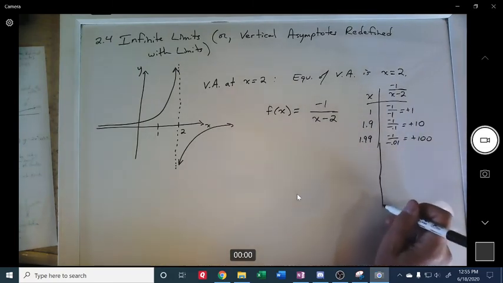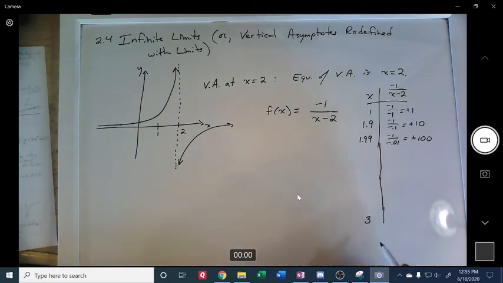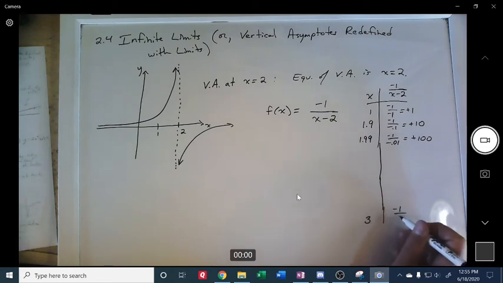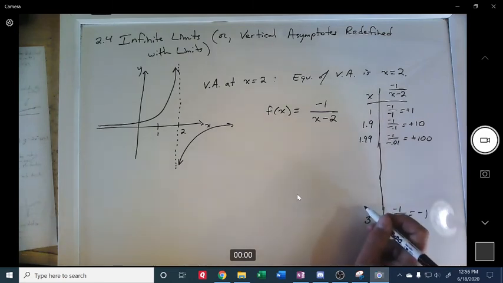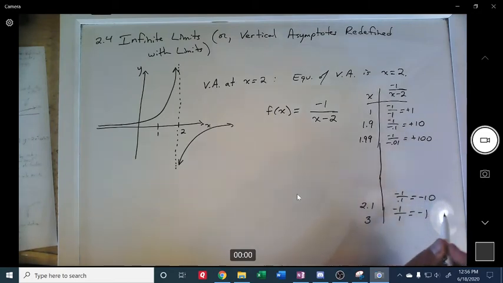And if we made another cycle of things, like suppose we were on the other side of 2 at 3. If I plug in 3, I'm going to get negative 1 over 1, which is negative 1. If I plug in 2.1, I'm going to get negative 1 over 0.1, which is negative 10.